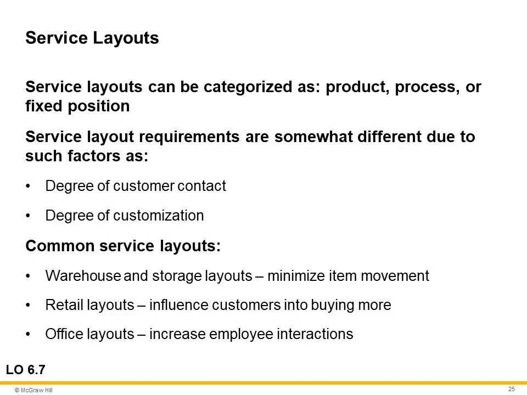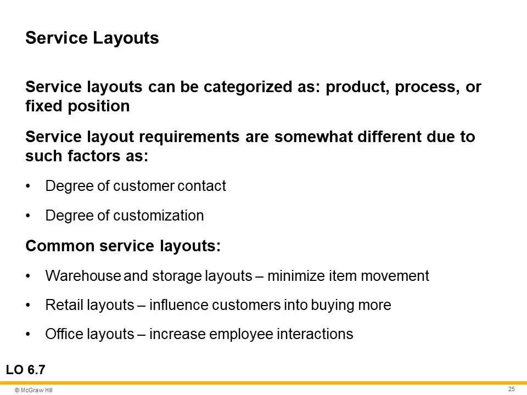So far we talked about product layout. Just for clarification, in chapter 6, when we say products, we mean tangible items, goods. Service layout is similar to product layout. We can classify it as product, process, or even fixed position layout. When considering service layout, we have to consider two factors.